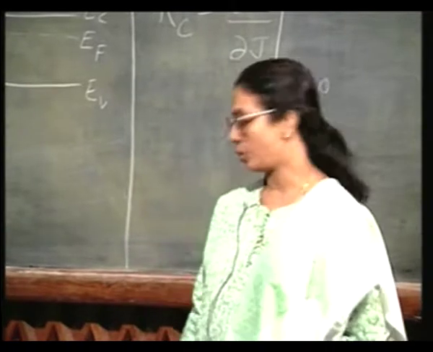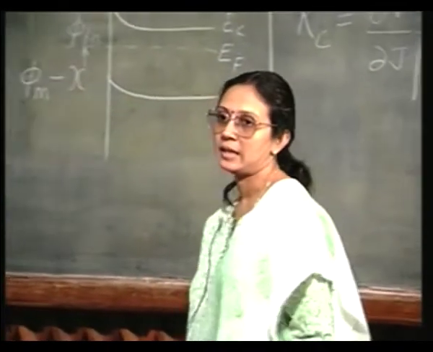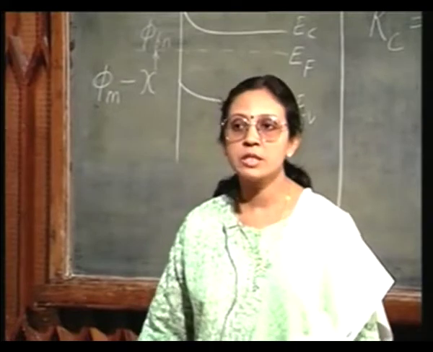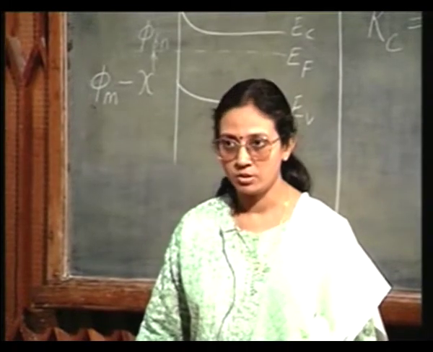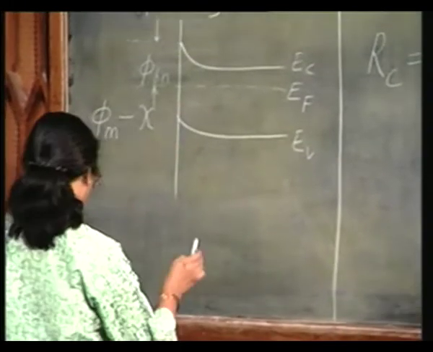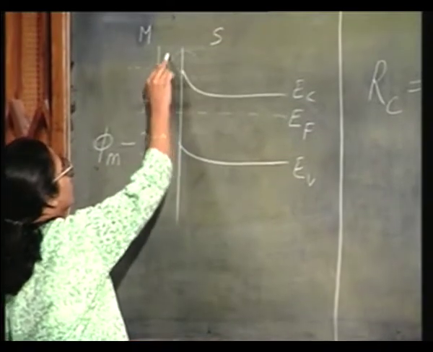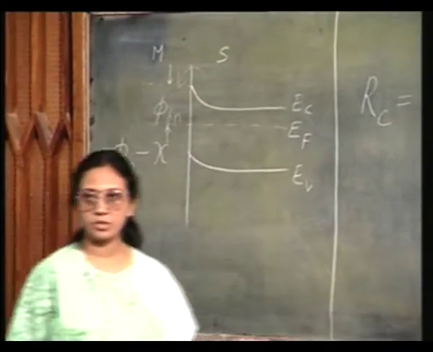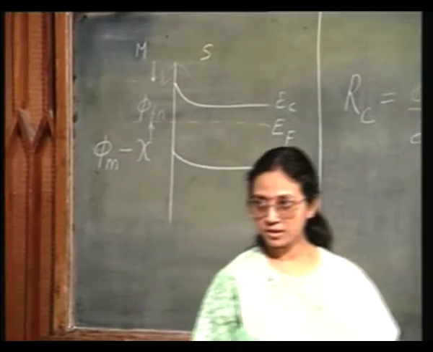And you know, in a Schottky, if I assume that the current is mostly due to thermionic emission, that is the transport is over the barrier, thermionic emission.